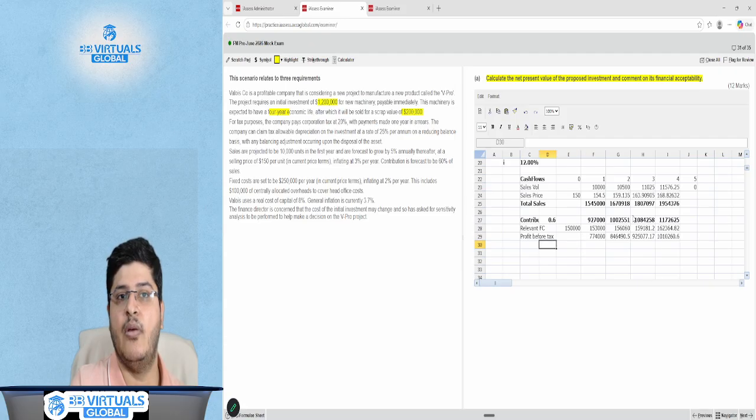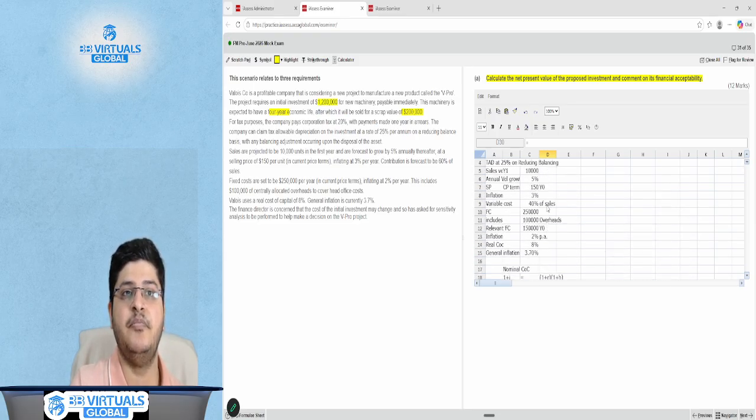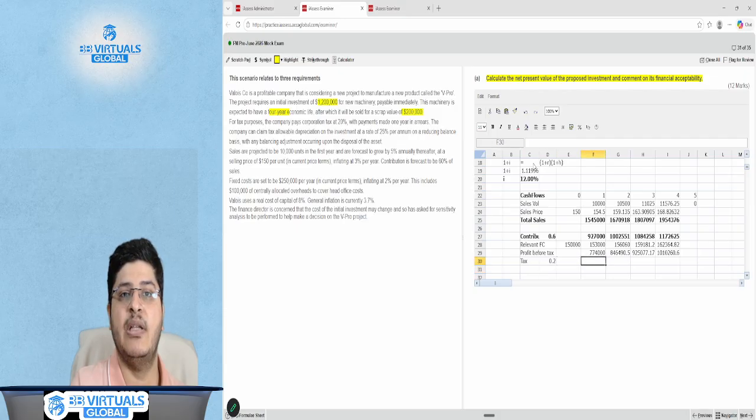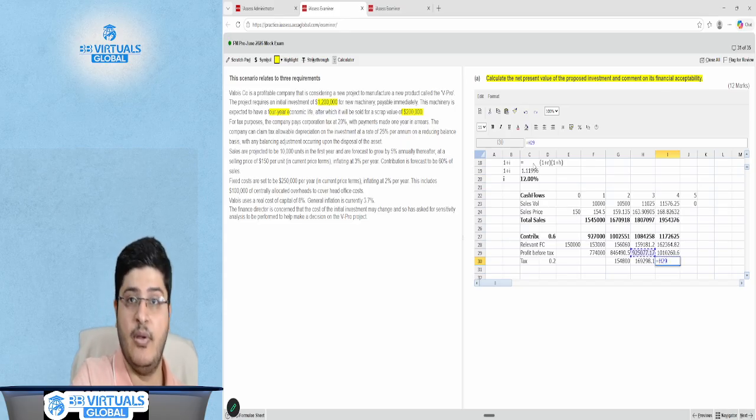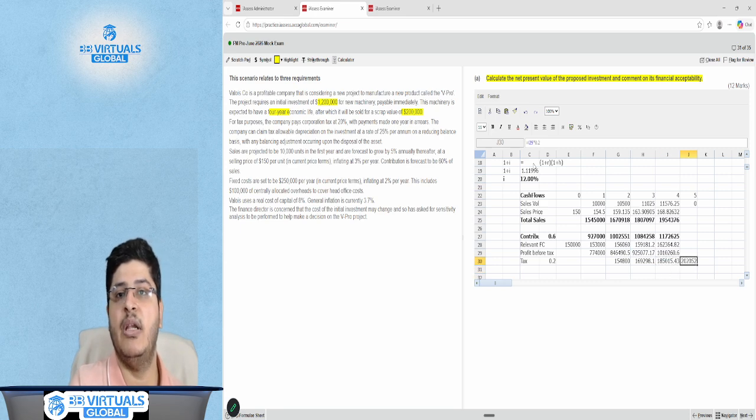Now what is going to be the tax cash flow? What is the tax rate that is given? Tax is given at 20%, but this is 1 year in arrears. So year 1 tax will be paid in year 2, year 2 tax will be paid in year 3, year 3 will be paid in year 4, and year 4 will be paid in year 5.